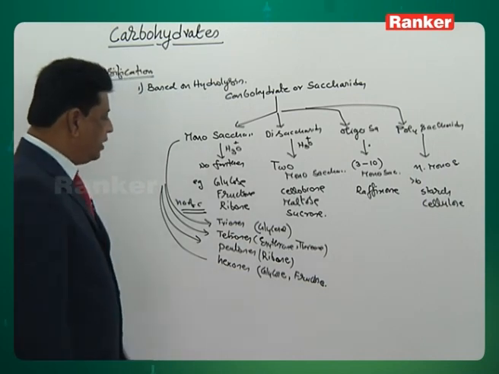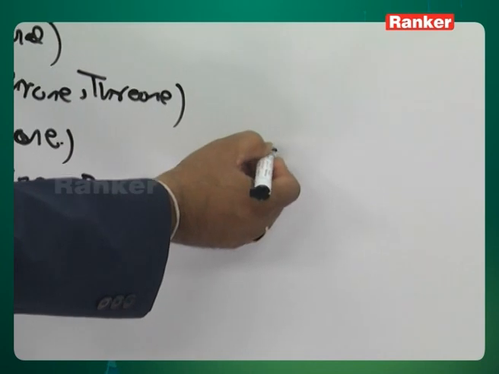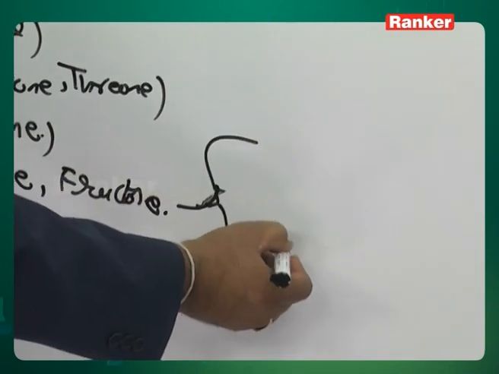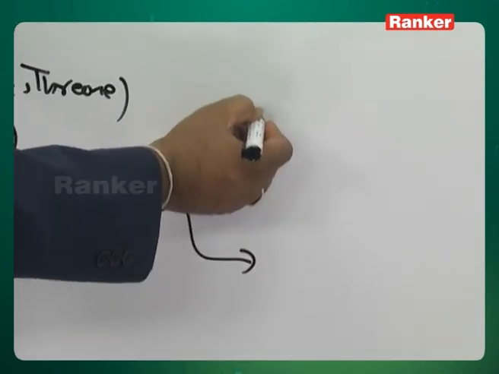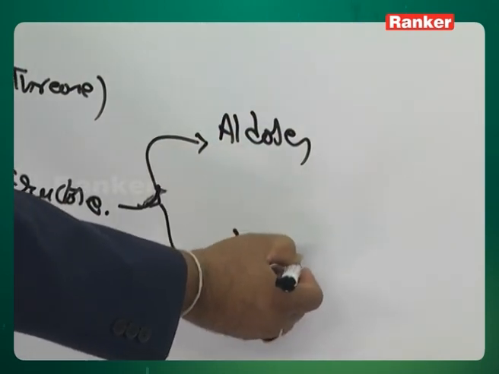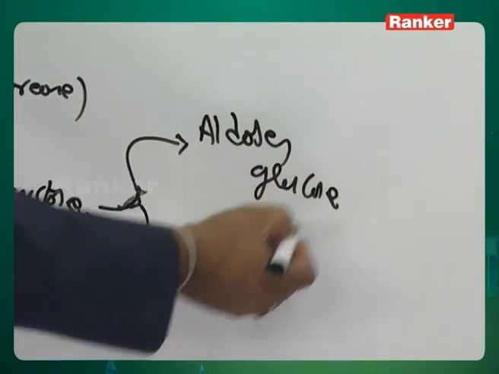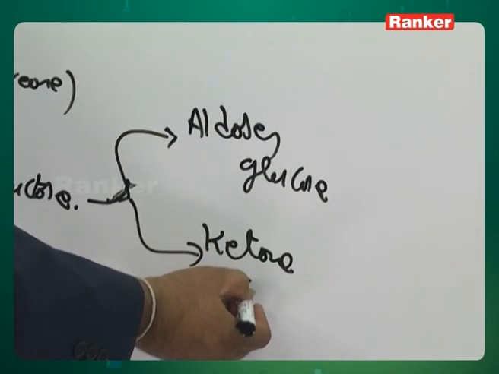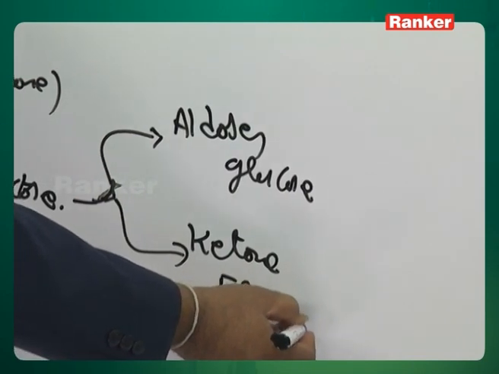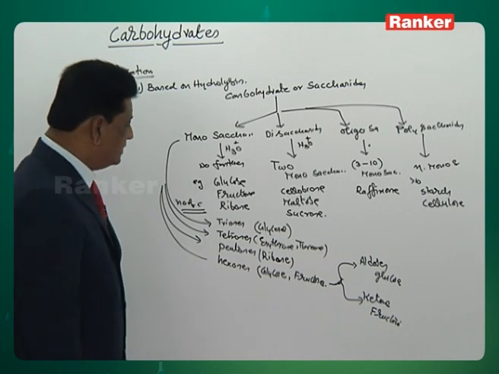Again, hexoses can be classified into two varieties based on the functional group. What type of functional group do we have? Aldoses and ketoses. In fact, glucose is an example for the aldoses, and for the ketoses, fructose is the example. Like that, each member, pentoses, trioses, tetroses, can also be classified.